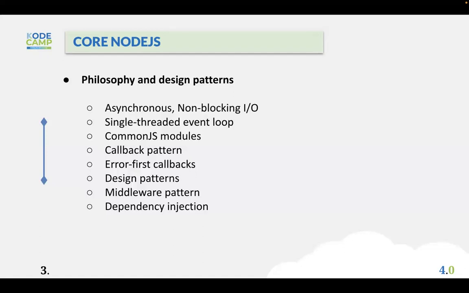First is scalability. NodeJs can handle a large number of concurrent requests without having to sacrifice performance. So it makes it ideal for real-time applications and APIs. Number one, scalability, and the second one is responsiveness.